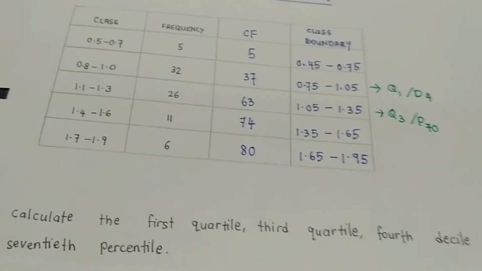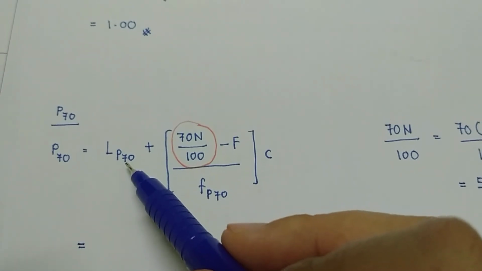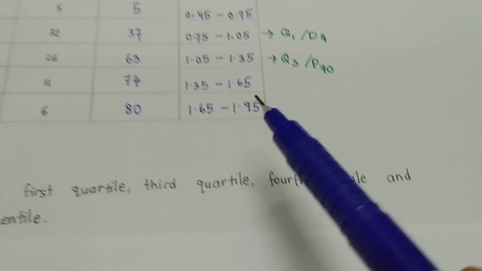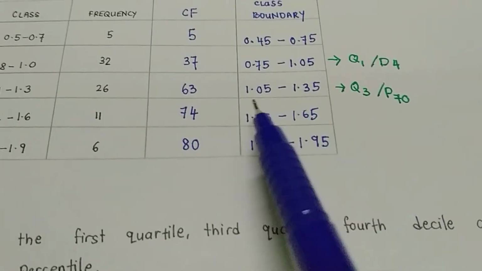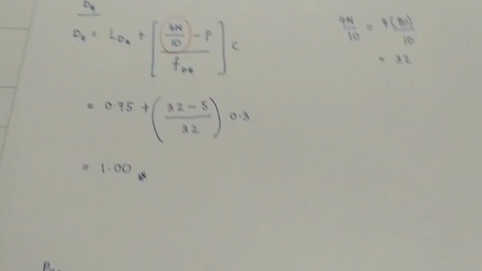Okay, so substitute into the formula. The lower boundary for the P70 class is 1.05.